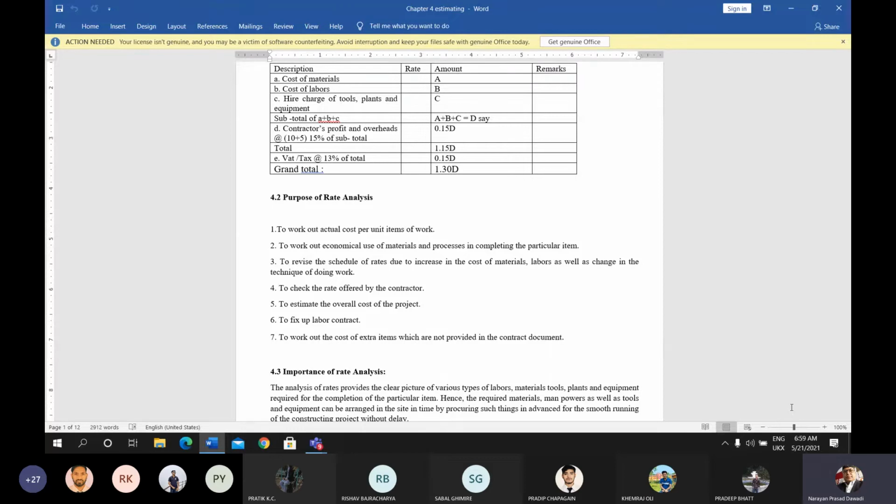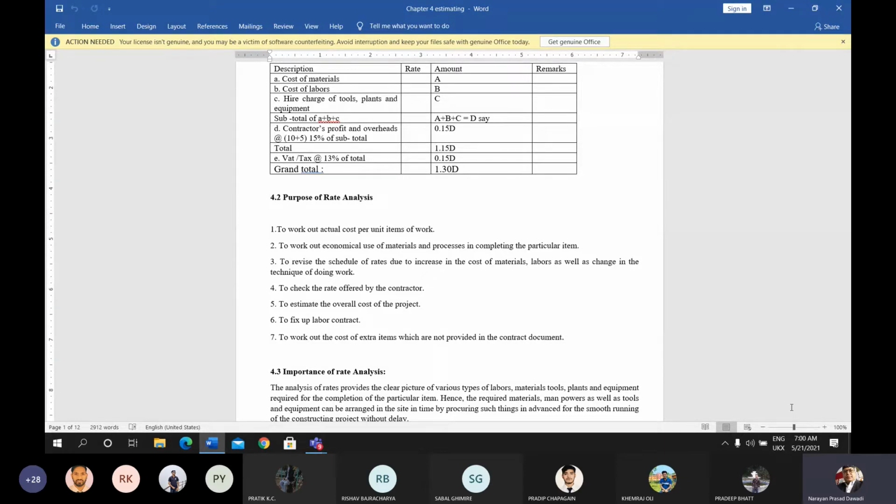If we don't know how many laborers are required, what the different categories of labor are, and what the rate of each laborer will be, then we cannot fix up the labor contract, because without knowing this, fixing the labor contract may be costlier for us. That's why this gives us the proper way to fix up the labor contract.